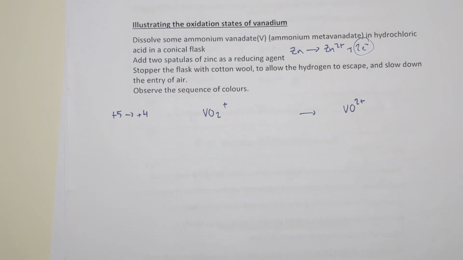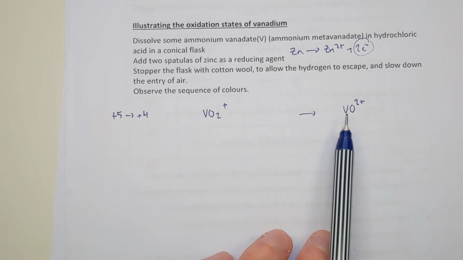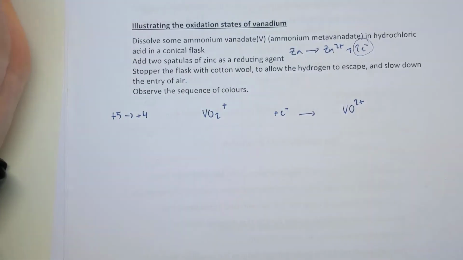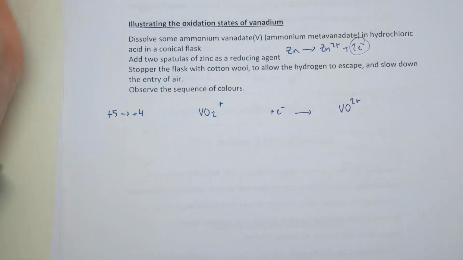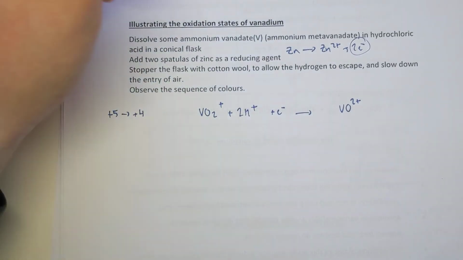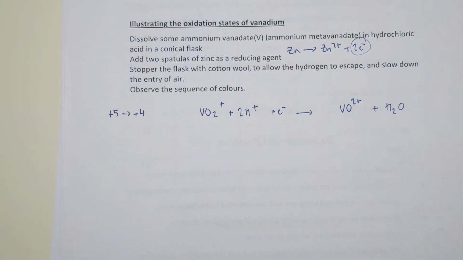So again, I'll follow my normal steps for balancing a redox equation. The change in oxidation state, this is +5 vanadium, this is +4, therefore it's a reduction of 1, which needs 1 electron. To balance out my charges, I've got neutral on the left hand side, plus and minus, I've got 2+ on the right, therefore I need 2 H+ to get the charge balanced. On the right hand side, I need a water to balance out the H's and O's.